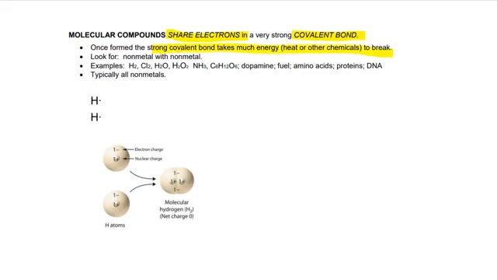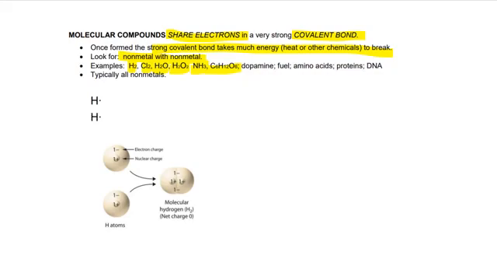We always look for nonmetals together. For example, hydrogen, chlorine, water, peroxide, ammonia, glucose, dopamine, fuel, gasoline, amino acids, proteins, DNA. Again, all nonmetals. No metals, and it's very rare if there's a semi-metal in there.